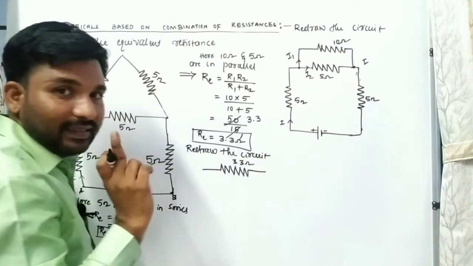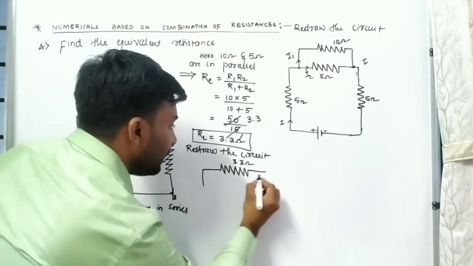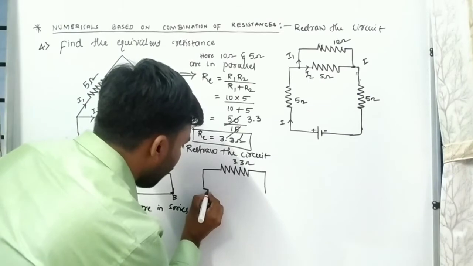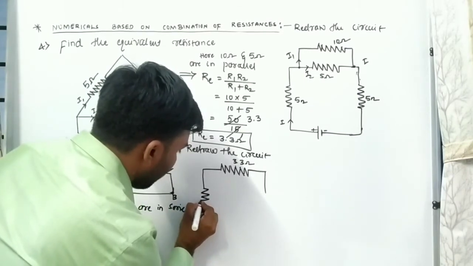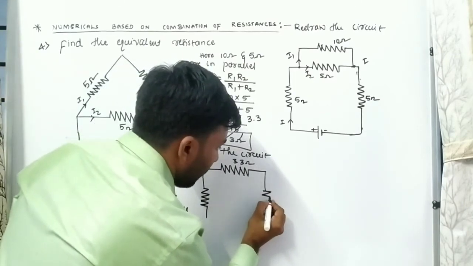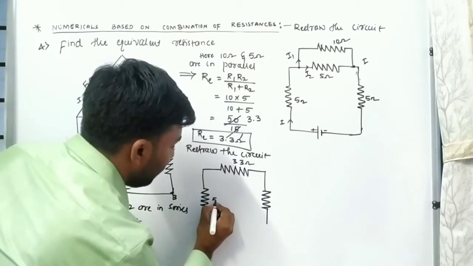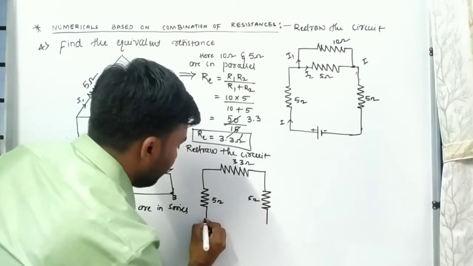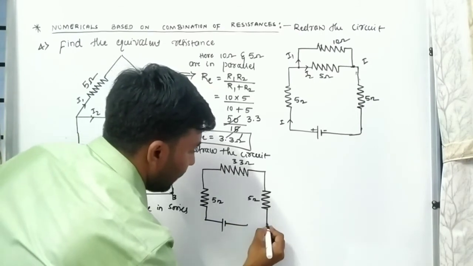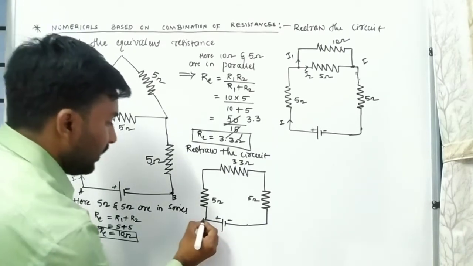In place of these two, the equivalent resistance we have 3.3, and these two remaining I will keep as it is. So here it is 5 ohm and it is also 5 ohm, and we have the battery, that is the cell, and these are the points A and B.